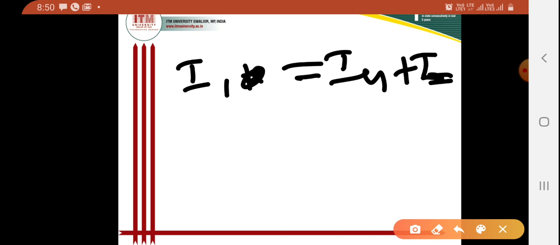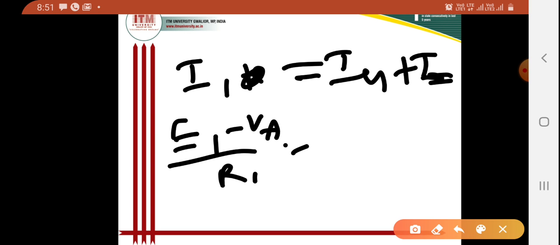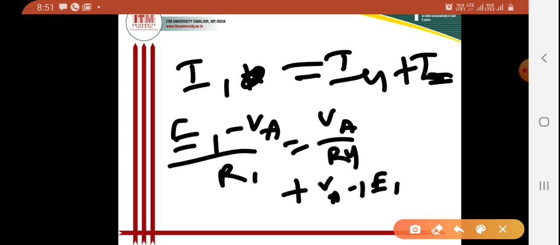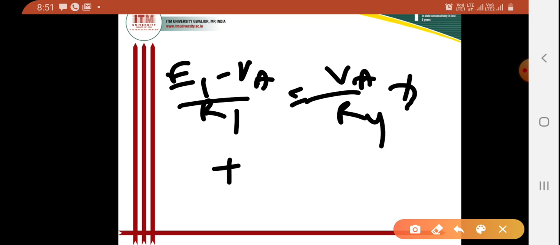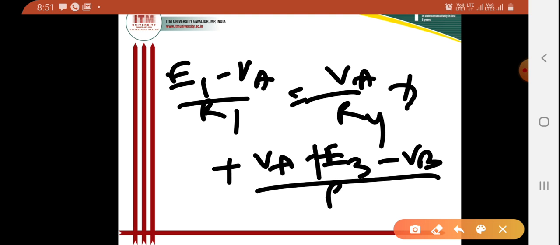So I can write E1 minus VA by R1 is equal to VA by R4 plus VA plus E3 minus VB by R2.